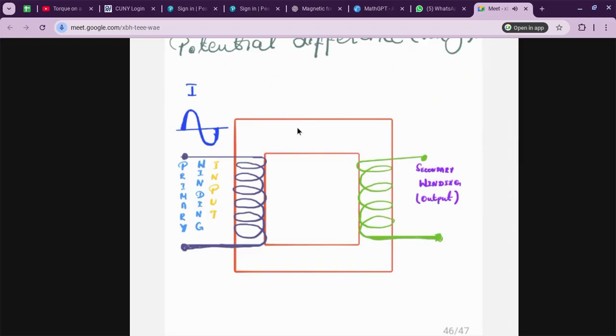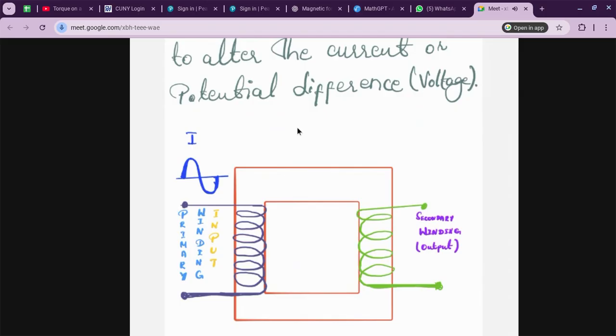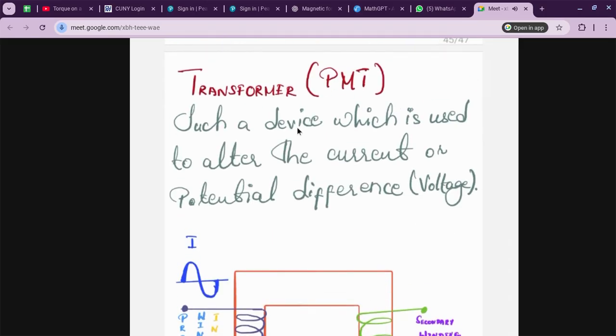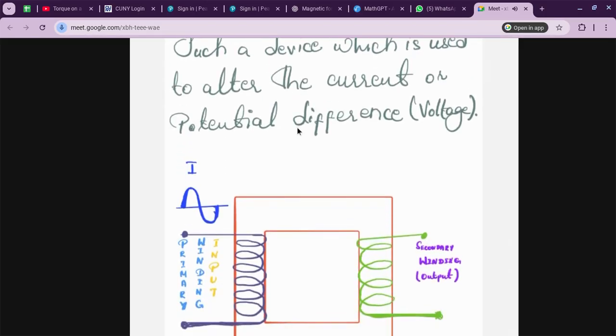According to Faraday's law, the magnetic field is changed.